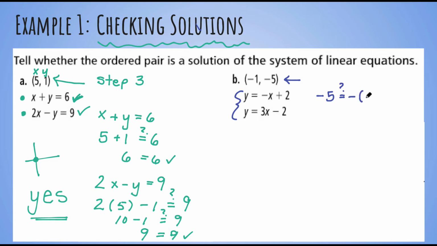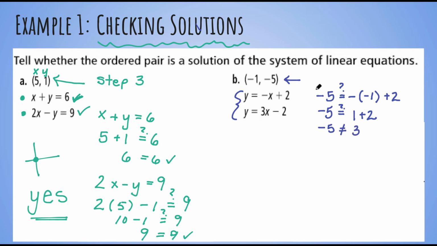So it's negative, and then x is -1. So it's a -1, and then I'm adding 2. Make sure you write out the entire process, because a lot of you might make mistakes on the sign. So we're checking to see, is -5 equal to 1 plus 2? And so -5 does not equal 3.